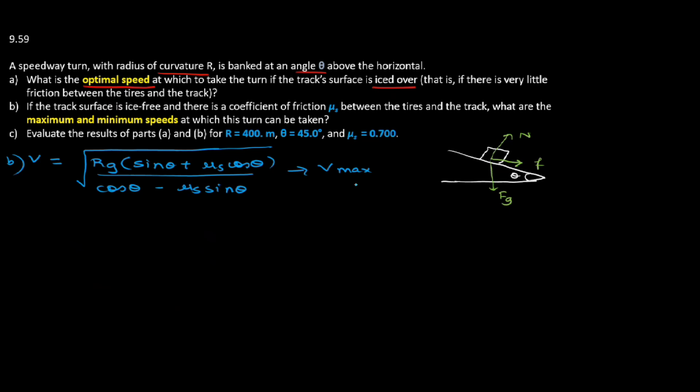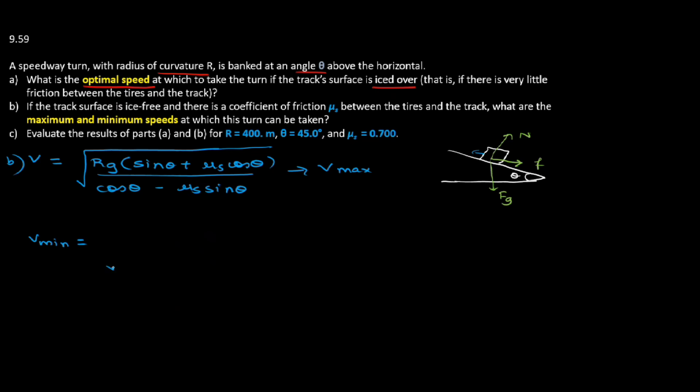The minimum speed, on the other hand, all you need to do is reverse the sign on every term with coefficient of static friction mu s. Because now in this situation when the speed is minimum, the force of friction acts in the opposite direction to prevent the car from slipping down the track. So wherever you have mu s, change the sign in front of the mu s and make it opposite to what is present here.